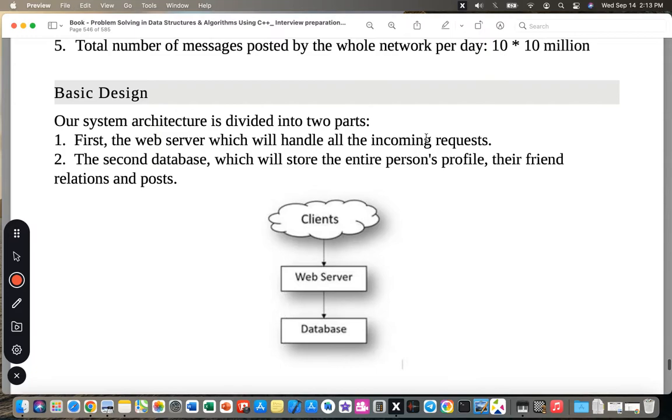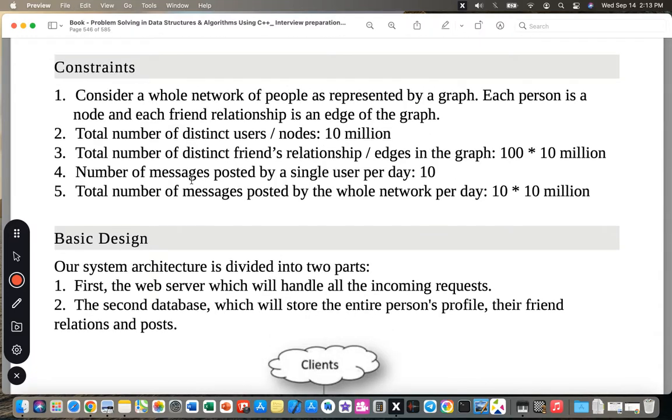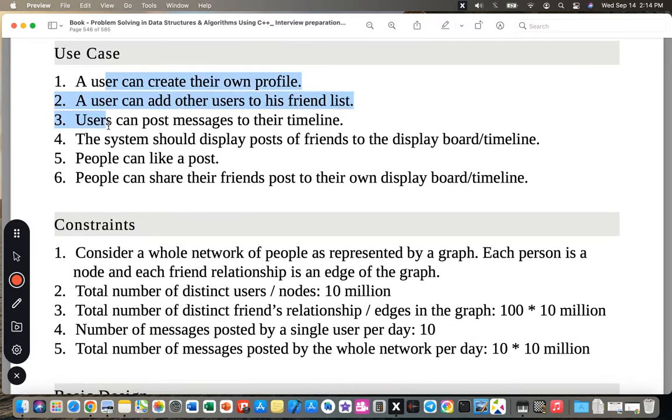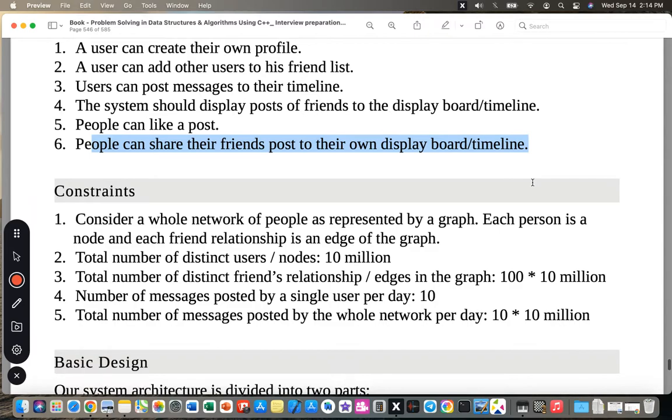Well, the last operation, what's the last operation? People can share their friends' posts. Okay, this one is just reading, the last one.